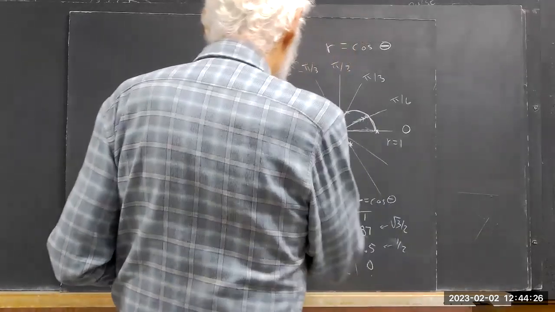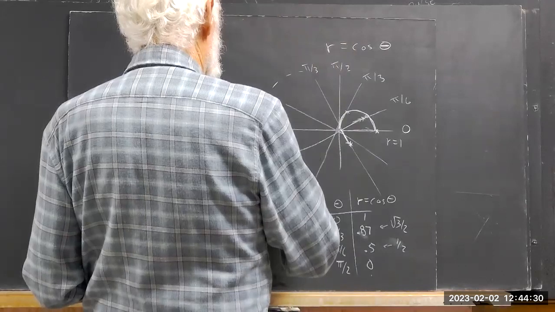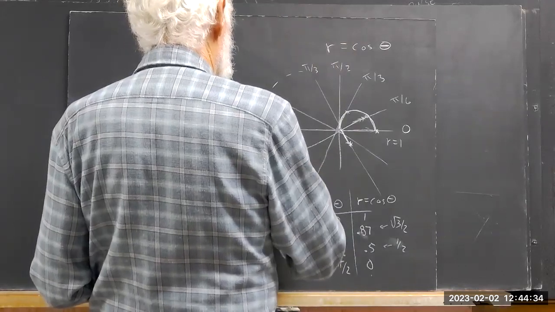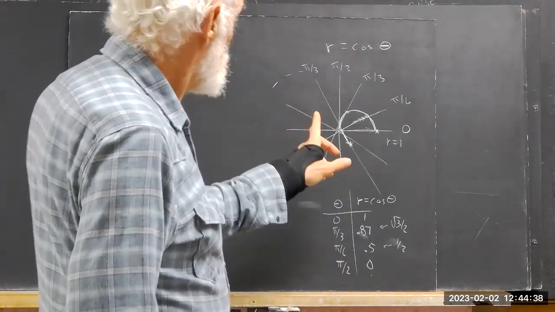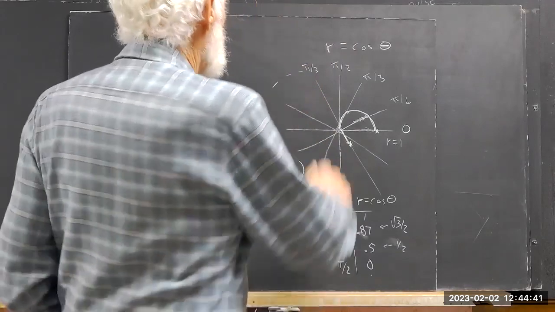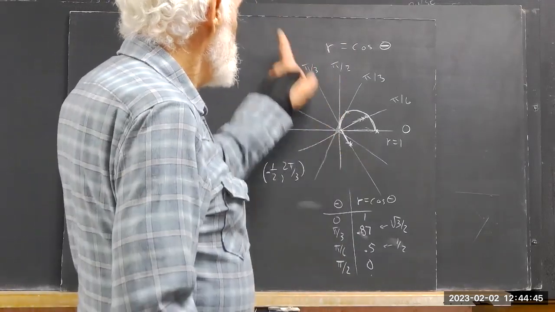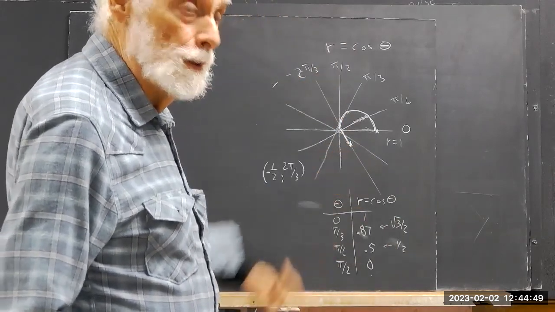Okay, that's 2 mistakes. Write it out correctly. Okay, r is negative 1/2. Pi over 3 is in this direction, 2 pi over 3 is in this direction. So negative 1/2 in this direction is in this direction. So there it is.